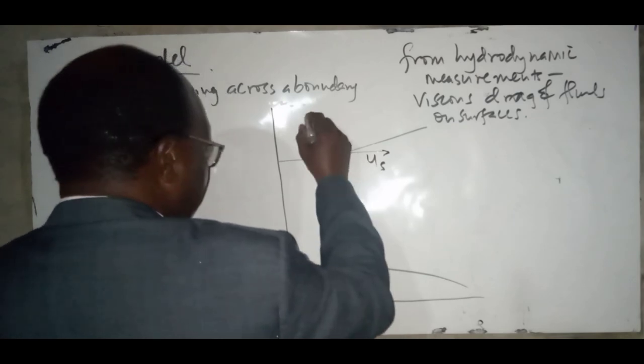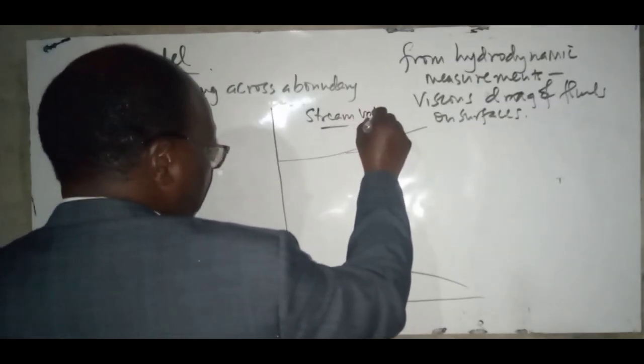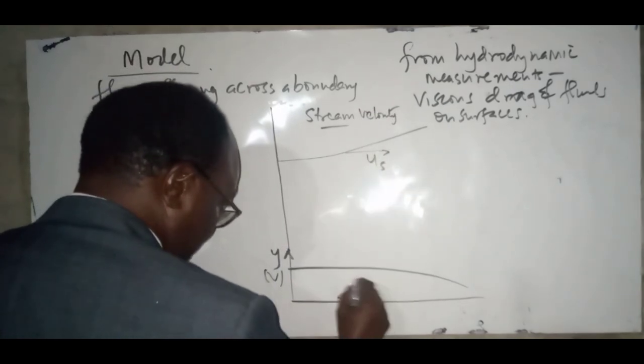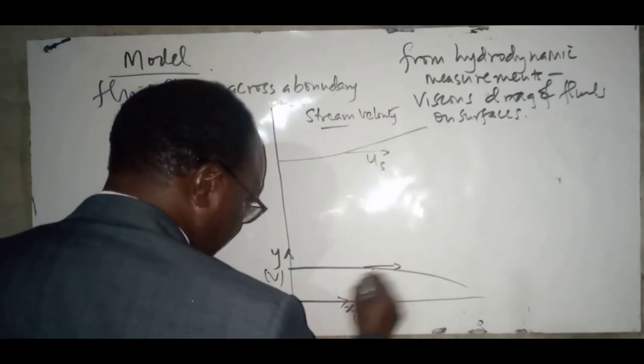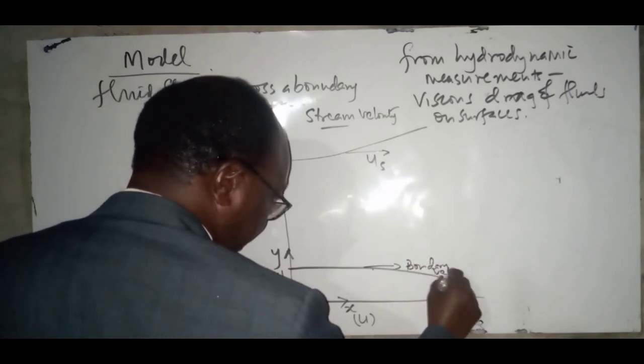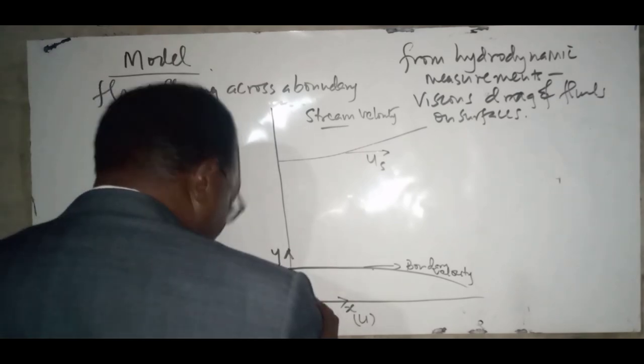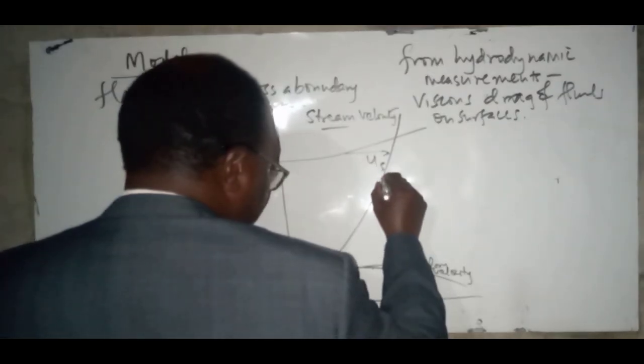So let's say that this is the stream velocity. It's our boundary layer velocity. You're already familiar with these quantities. So we have our velocity profile.